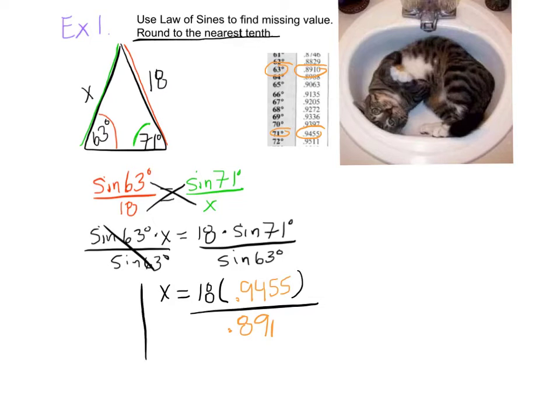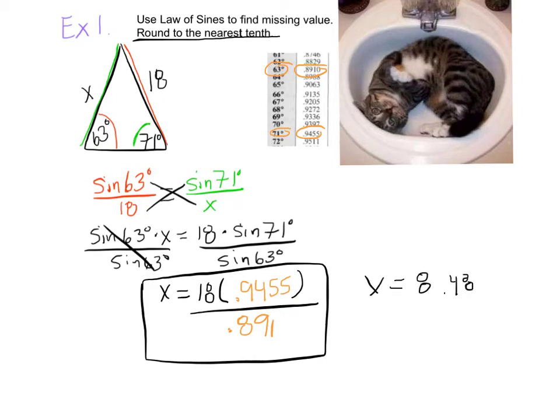For you, like on a test, you could leave your answer like this. Now because I happen to have a calculator with me, I'm going to go ahead and tell you what would have happened if you had divided everything out, multiplied and divided. You would get x equals 8.489. And if I round to the nearest tenth, you would get x equals 8.5.